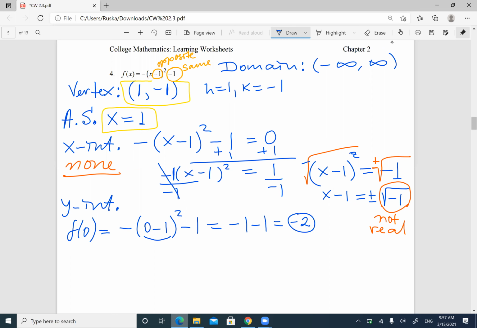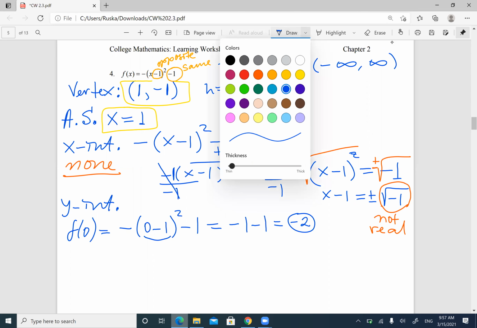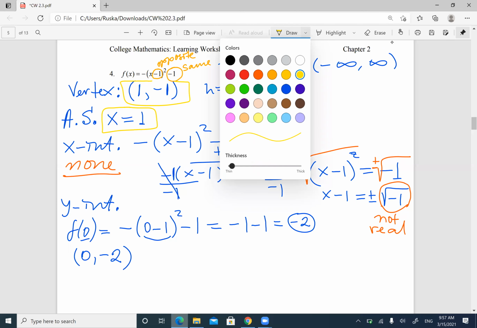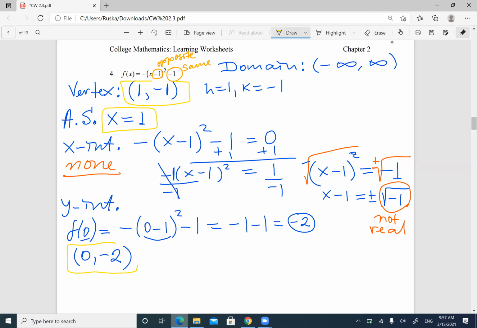So the y-intercept, the point where you cross the y-axis, is x is 0 and y is -2. You're going to cross the y-axis at (0, -2). So you have no x-intercepts, the y-intercept is (0, -2), and the vertex is (1, -1). Okay? So far, so good.